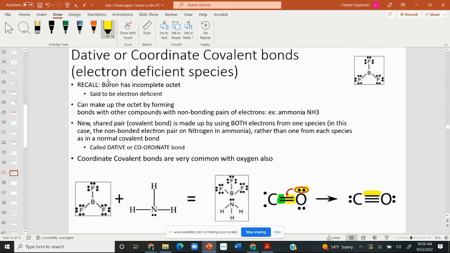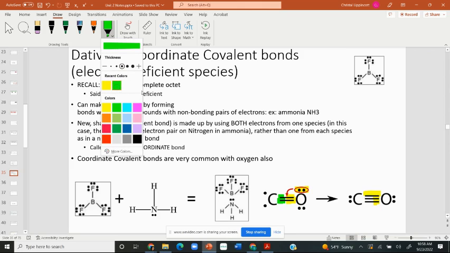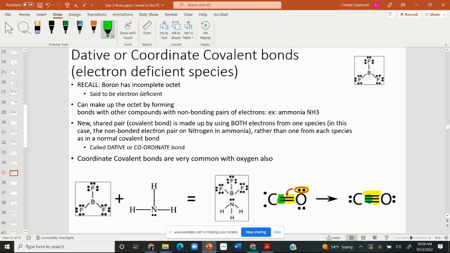So that's happening here. Here the carbon's bringing in these 2, the oxygen's bringing in these 2, this one and this one. So the oxygen's actually supplying 4 electrons for this triple bond, and the carbon's only giving up 2. So these are called coordinate covalent bonds.